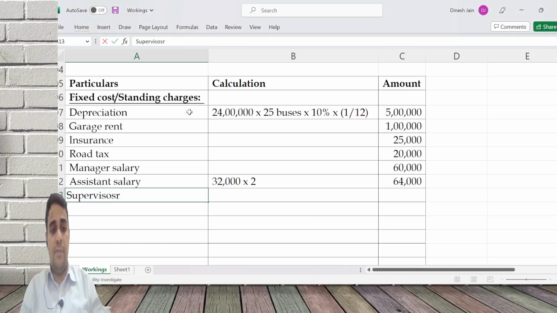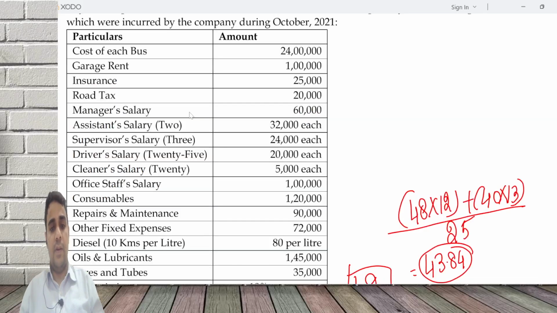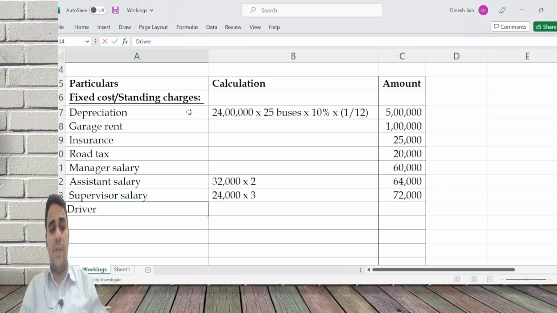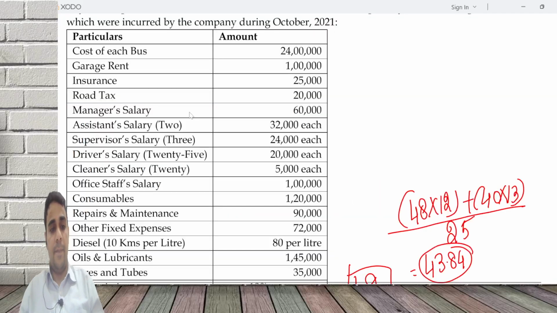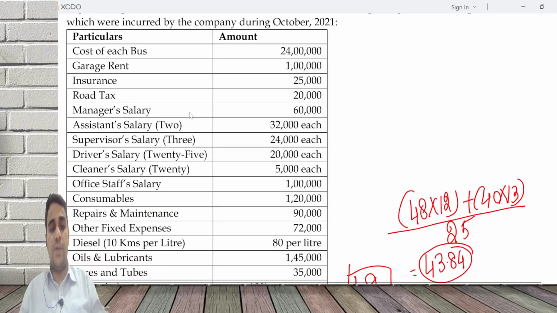Supervisor salary 24,000 into 3. There's lots and lots of expenses in this question. Driver salary 20,000 into 25.